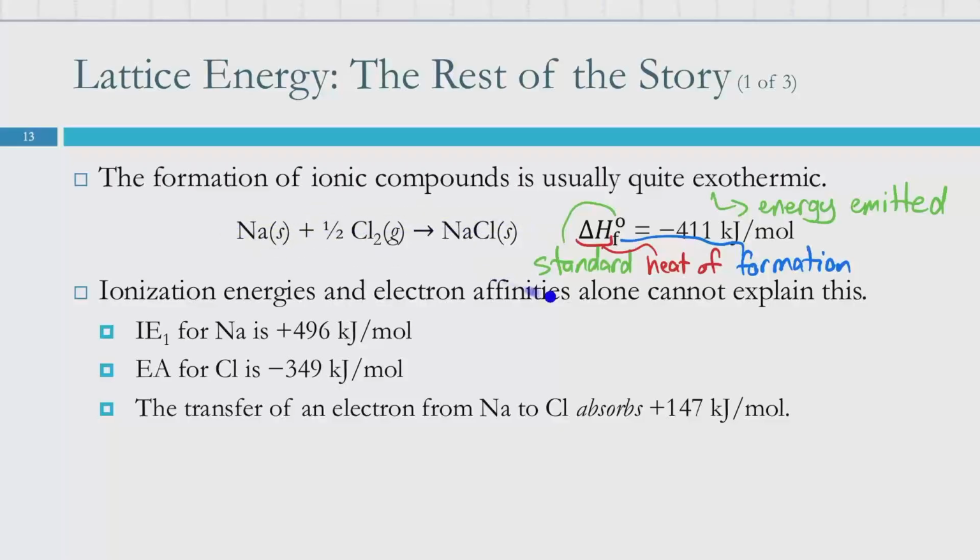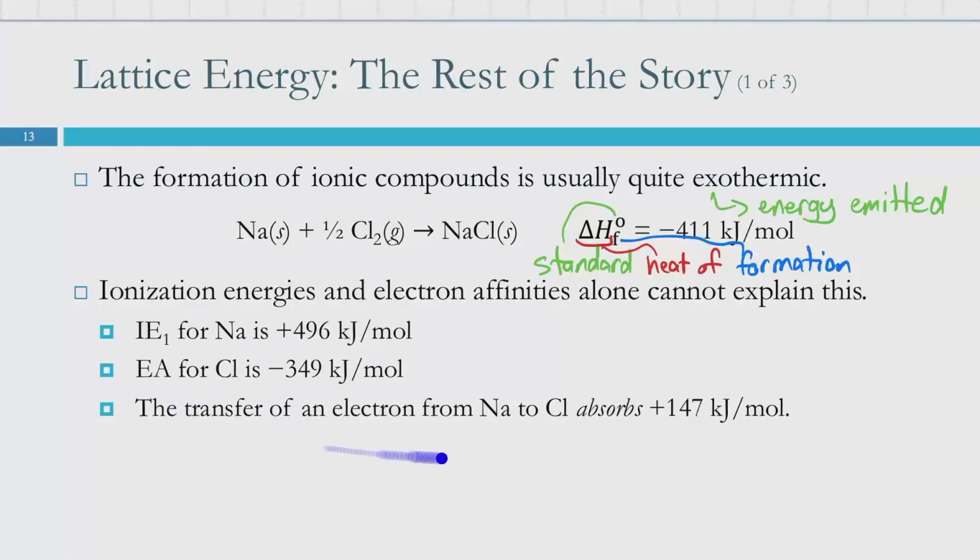The reason for this can't be completely explained just by our ionization energy. Our ionization energy for sodium is positive 496 kilojoules per mole. You have to put in 496 kilojoules per mole. The electron affinity for chlorine is minus 349 kilojoules per mole. That means it will release energy as it absorbs an electron.